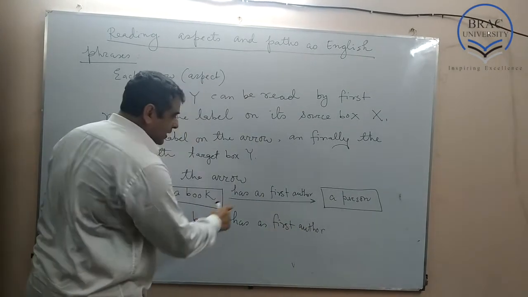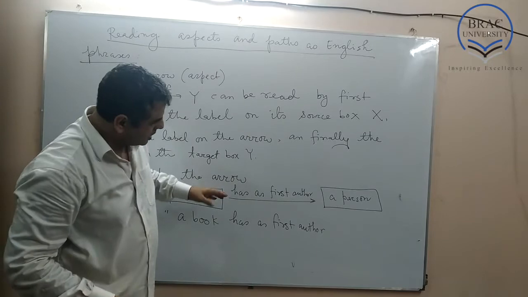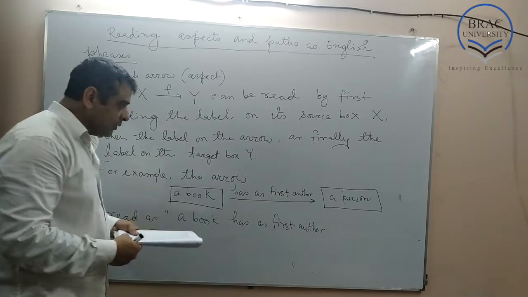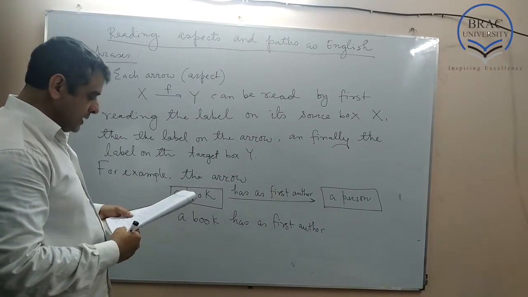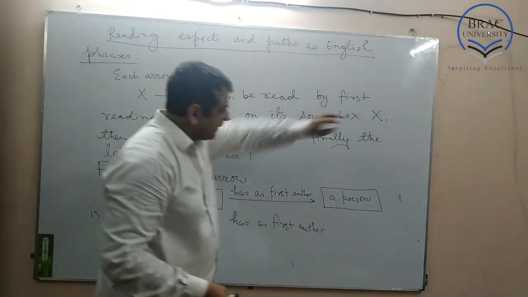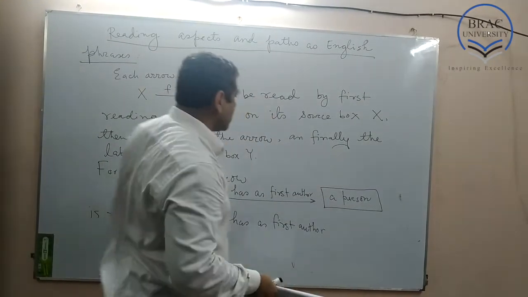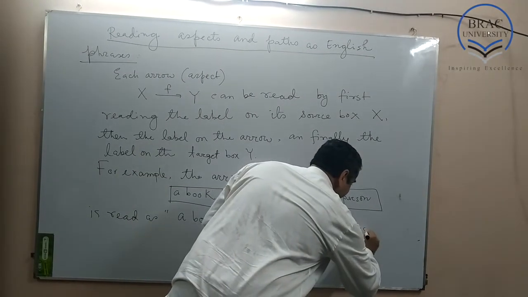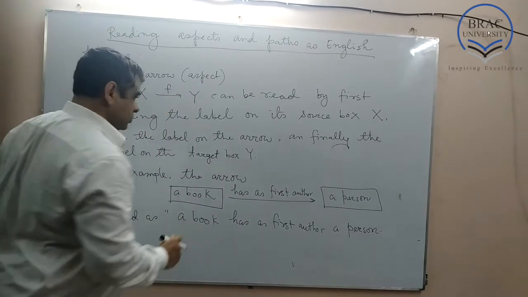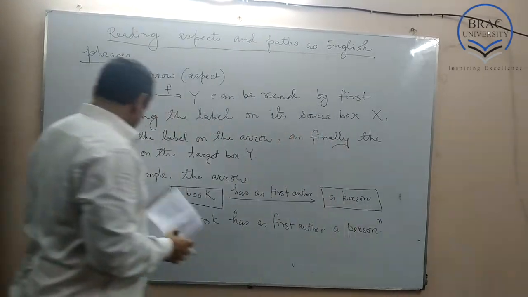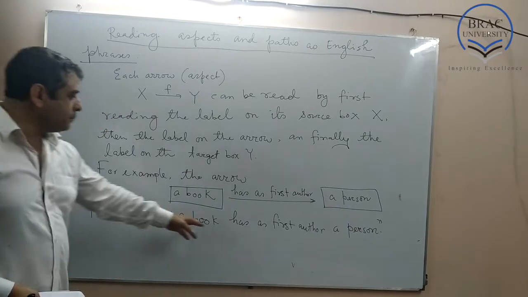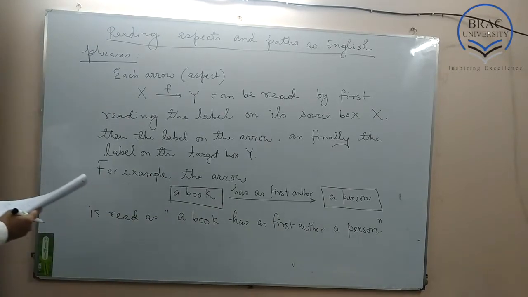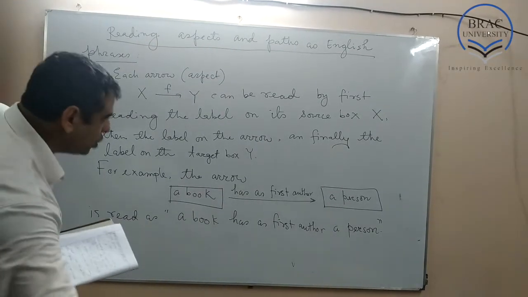So we are reading the label of the arrow, which is as first author, and then we read the label of the target box, which is a person. So it is read as a book has as first author a person. Okay, good.